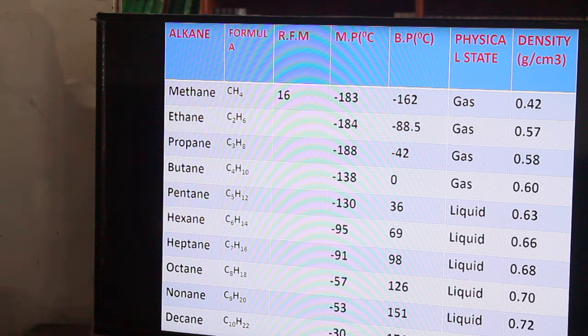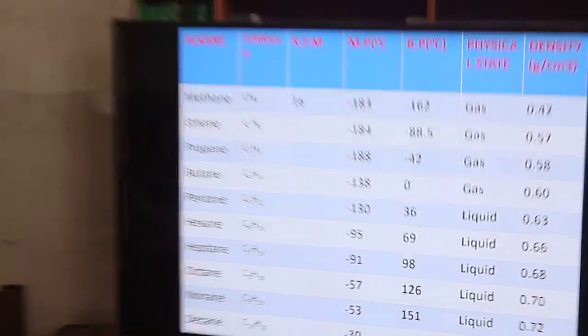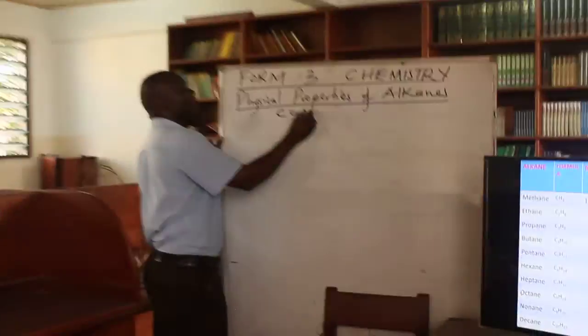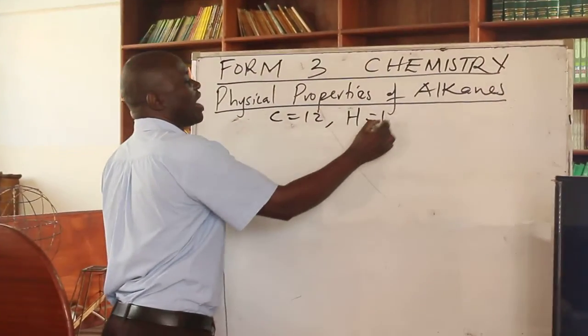And the first thing we are going to look at is the relative formula mass of these alkanes. So, how do we calculate the relative formula mass? Remember, these are molecules. So, the relative formula mass of alkanes, you know that carbon is 12, hydrogen is 1.